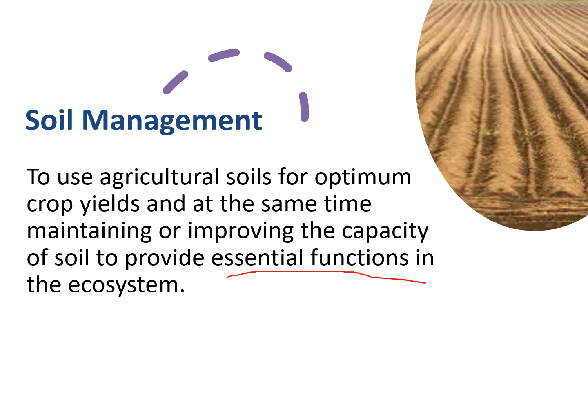We have to utilize agriculture soils to have more yields, or at least optimum yields which are profitable for the farmers, but at the same time we have to sustain the capacity of soil so that it can provide all the essential functions to the ecosystem, for example carbon sequestration, enhancing the organic matter, and providing nutrients to the plant. We have to keep it going even for our next generation. So that is management.